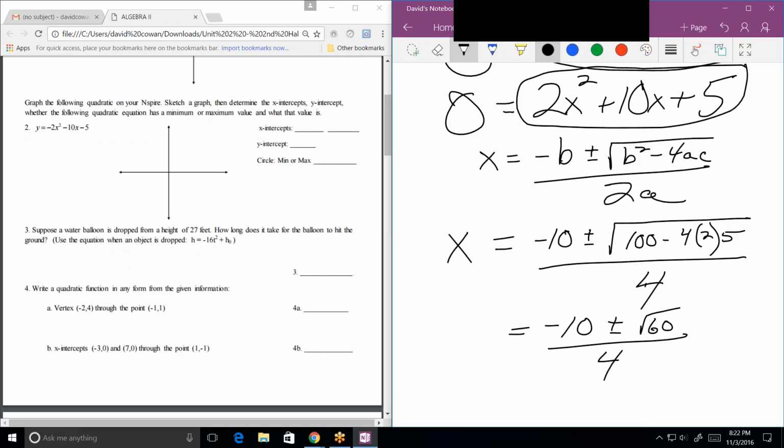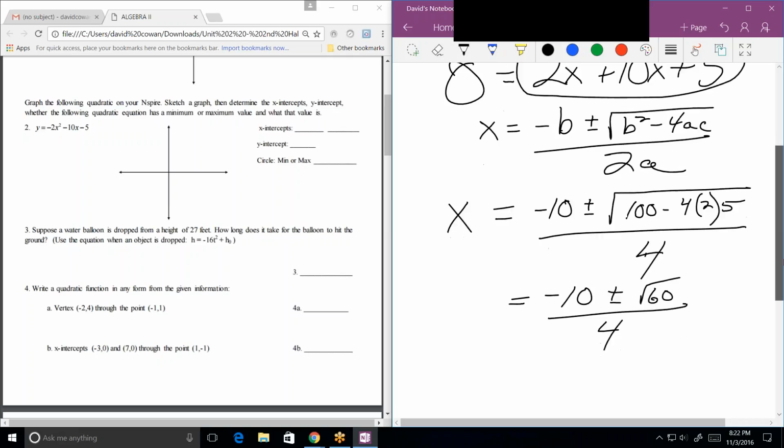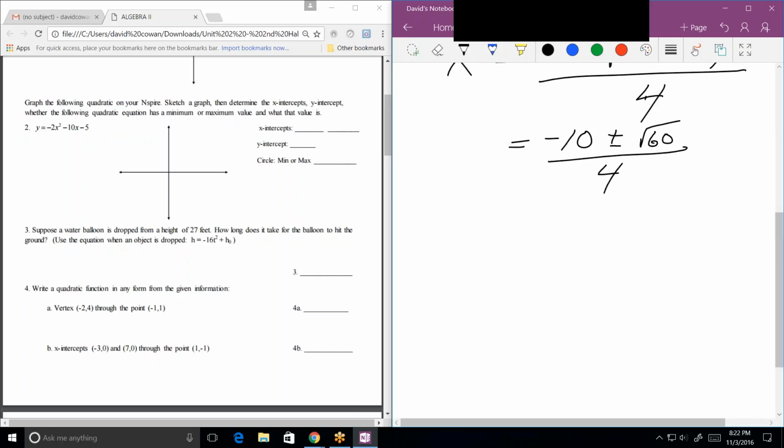Can I simplify square root of 60? No. Well, it's divisible by at least 4, which means I can. If I can find a factor of 60 that's a perfect square number, then I can simplify it. Notice how.